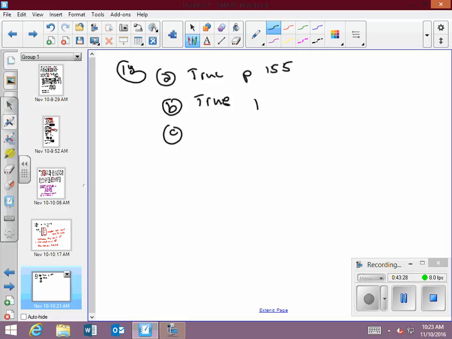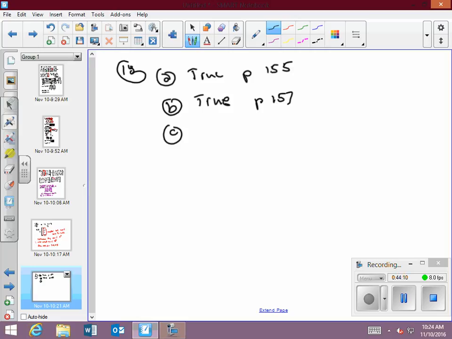C, so this is page 157. This one says the dimension of null A is the number of variables in the equation Ax equals 0. If you look at example 2, the dimension of null A is the number of free variables in the equation Ax equals 0.